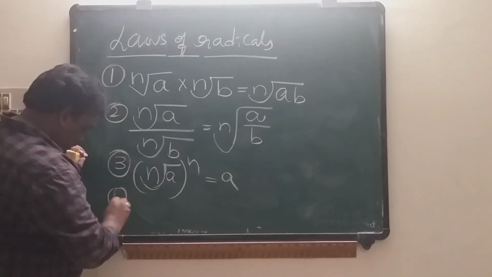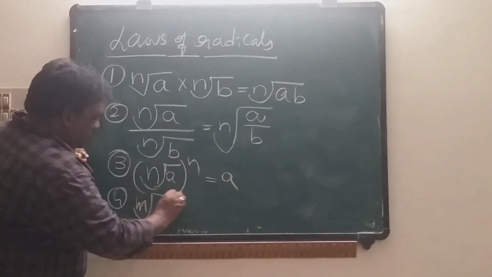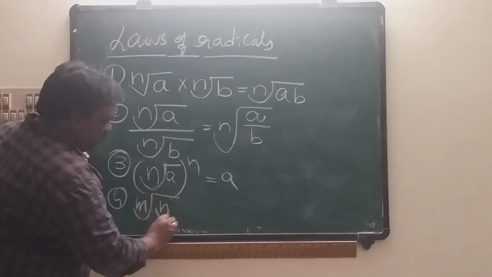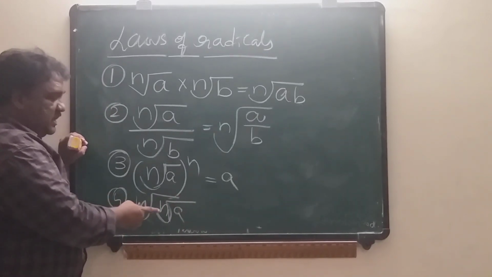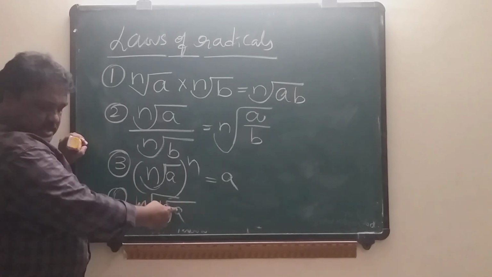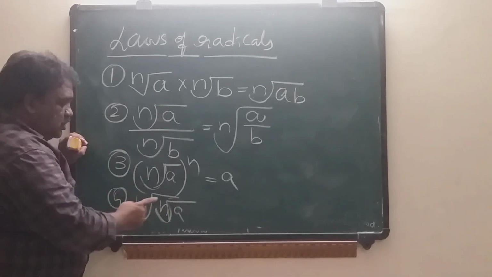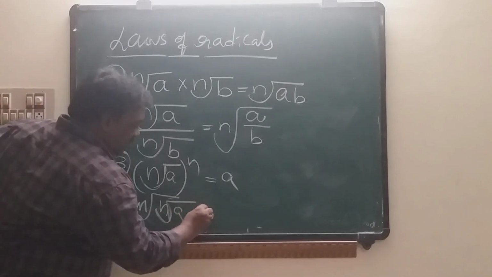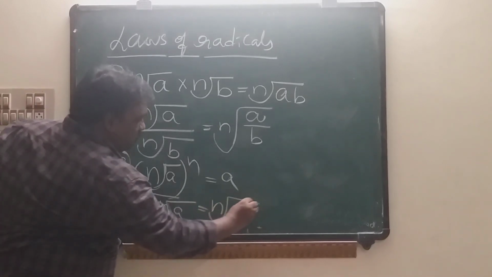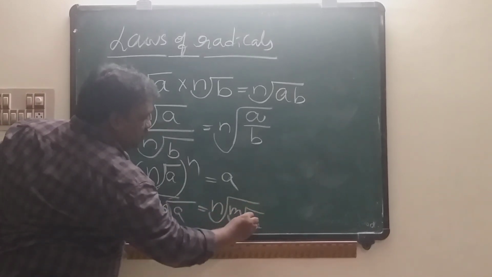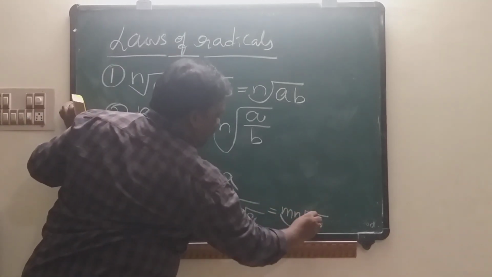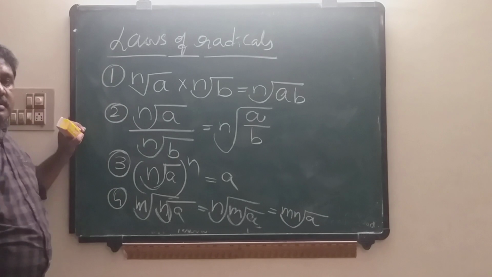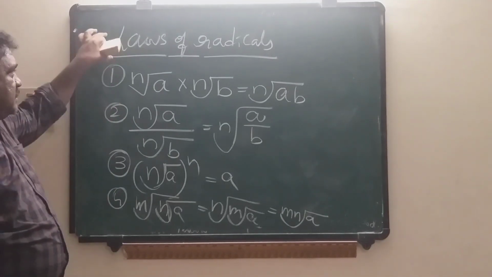Number 4: mth root of nth root of a equals mnth root of a. So these are the laws of radicals.